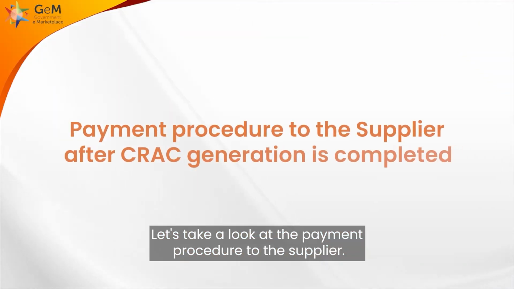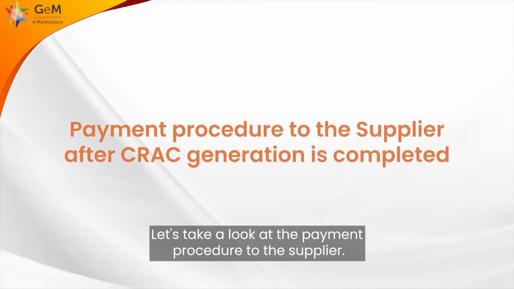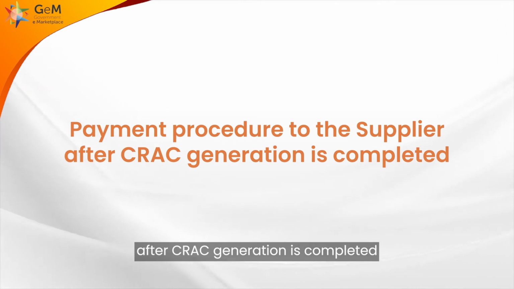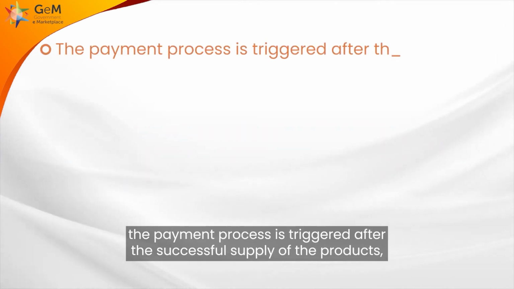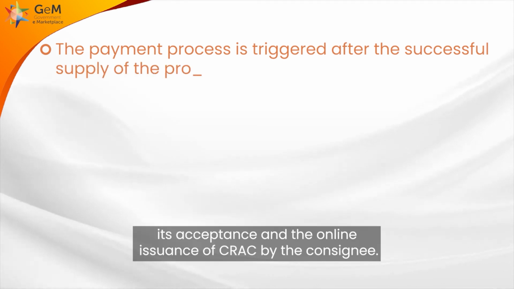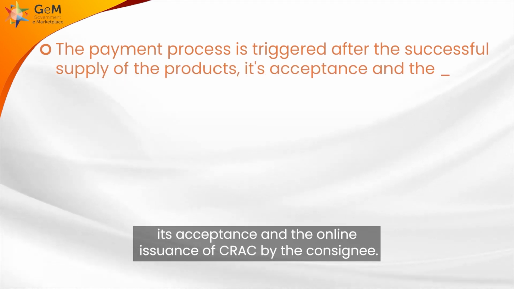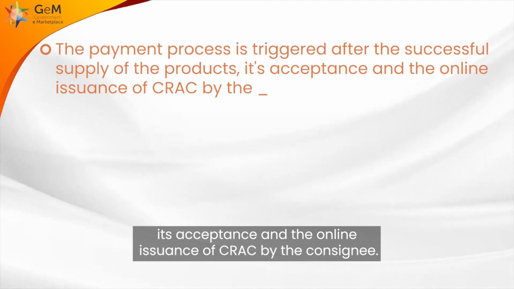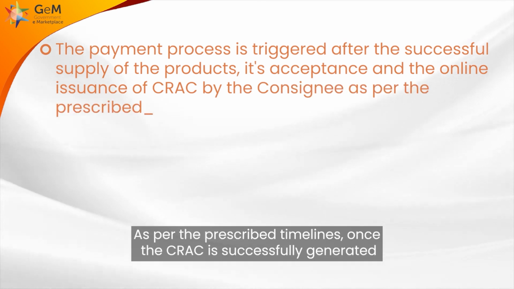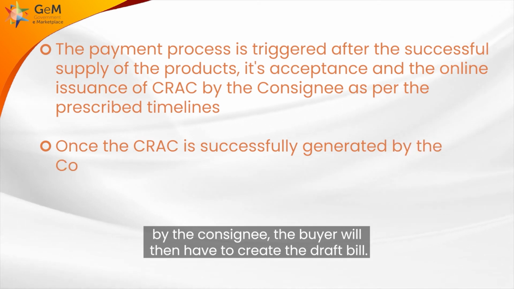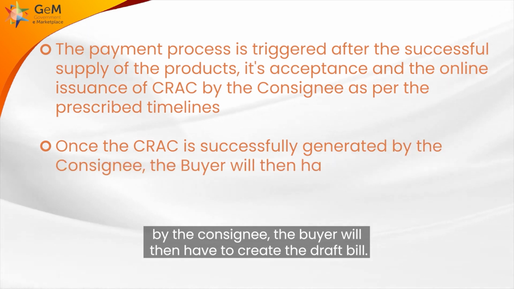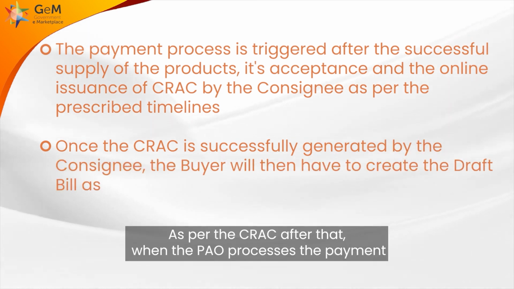Let's take a look at the payment procedure to the supplier after CRAC generation is completed. The payment process is triggered after the successful supply of the products, its acceptance, and the online issuance of CRAC by the consignee as per the prescribed timelines. Once the CRAC is successfully generated by the consignee, the buyer will then have to create the draft bill as per the CRAC.